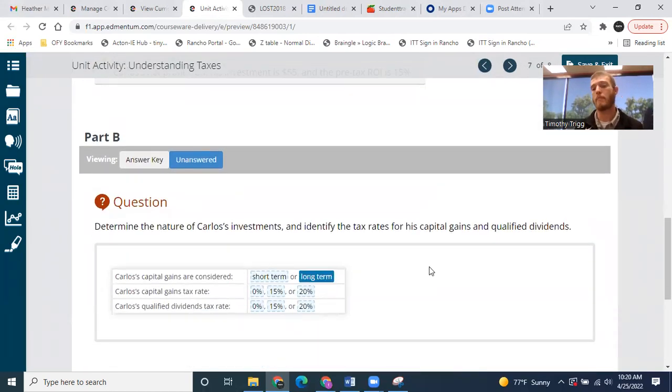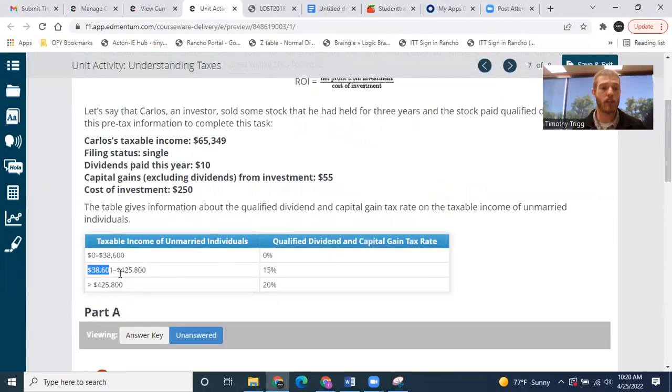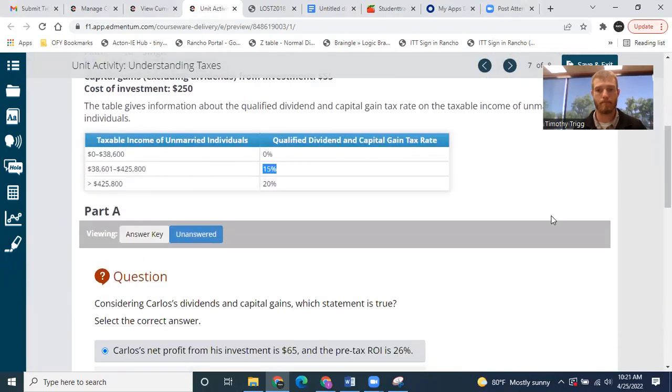As we already determined, his capital gains and dividend tax rate will be 15%, because his taxable income puts him in this 15% tax bracket for long-term investments.